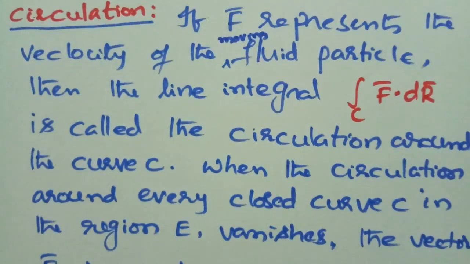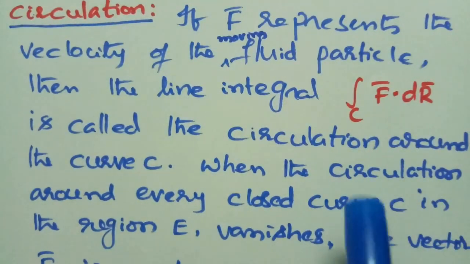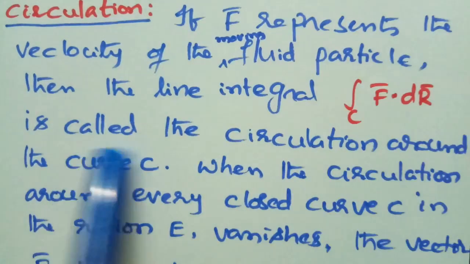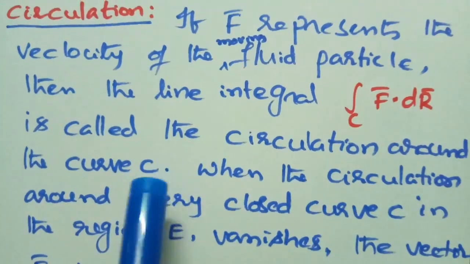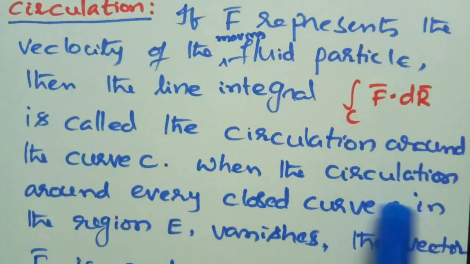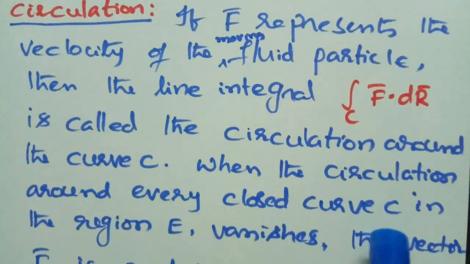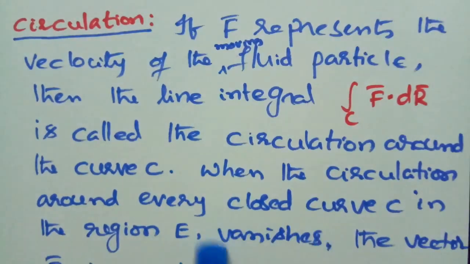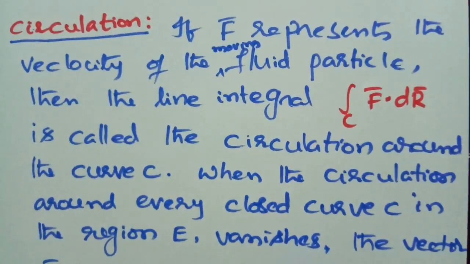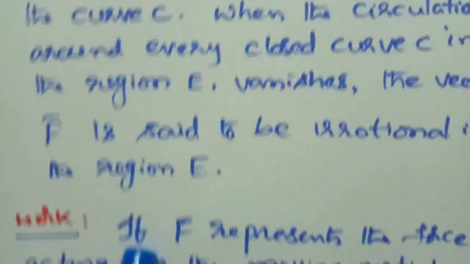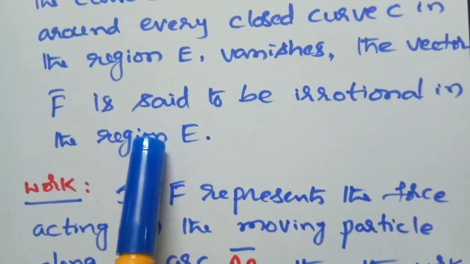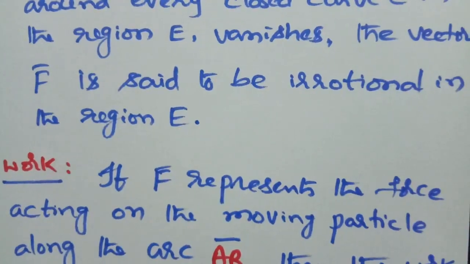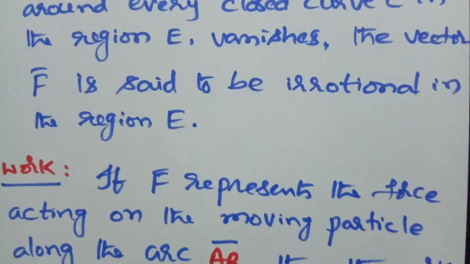Then the line integral over C of f bar dot dr bar is called the circulation around the curve C. If the circulation around every closed curve C in the region E vanishes, meaning it becomes 0, then the vector f bar is said to be an irrotational vector in that region E. So this is called circulation.